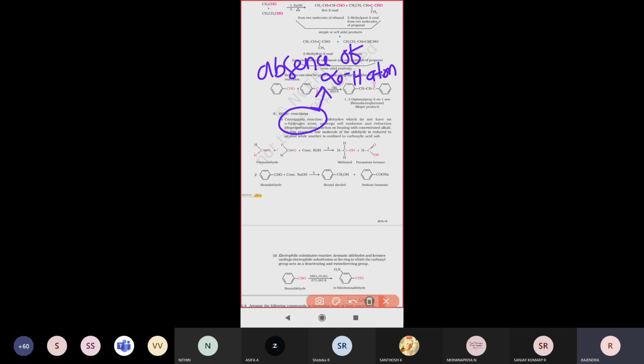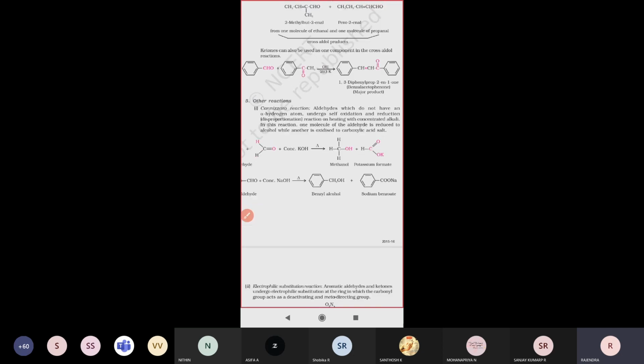Just see the explanation part. Look here, all of you. The Cannizzaro reaction: aldehydes which do not have an alpha hydrogen atom. I already told you that. No alpha hydrogen atom is required.